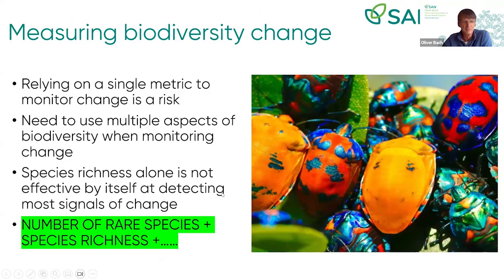So the number of species is very important, or the basket of metrics that Daniel proposed, but also counting the number of rare species that will tell us about the quality of the habitat and how that quality of the habitat will evolve over the time once we're starting to implement regenerative ag practices or the like.